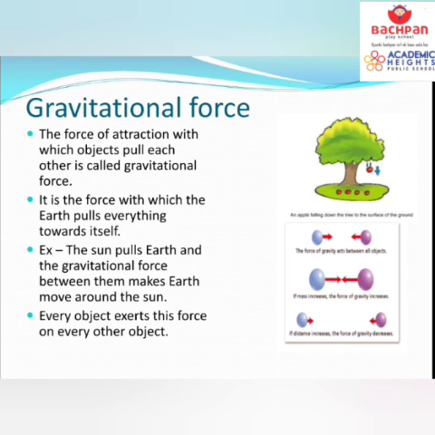Gravitational force makes everything on the earth fall downwards, not upwards. So a ball thrown up slows down and then falls down to the earth because of the gravitational force. And gravitational force is a non-contact force. There is no need of contact, and every object exerts force on every other object. Every object on the earth exerts its force on another object.